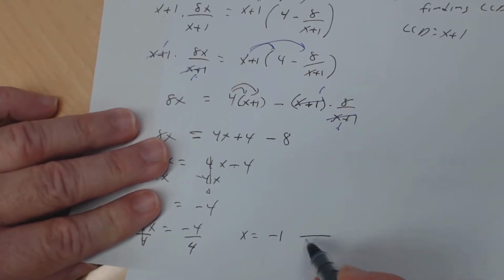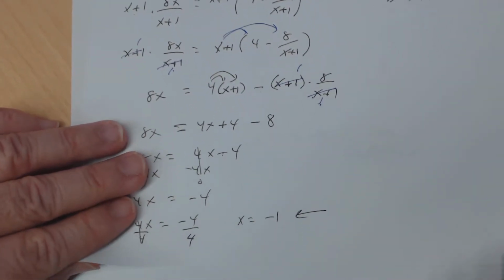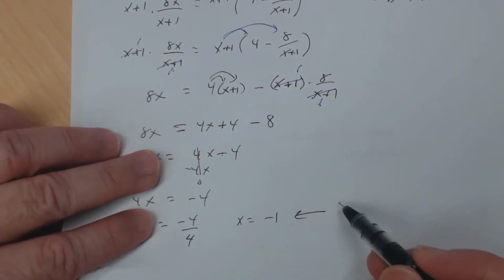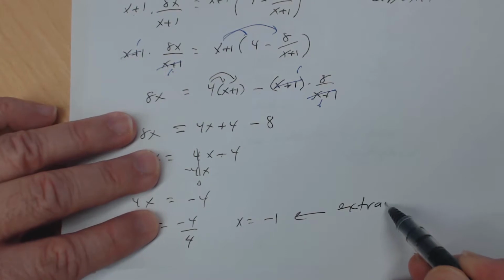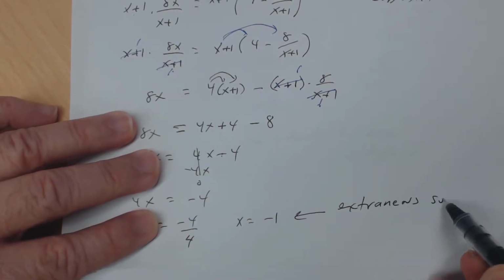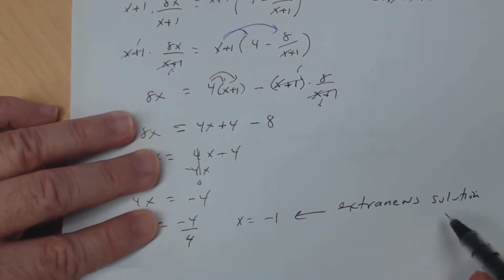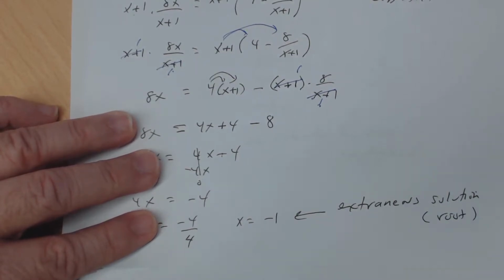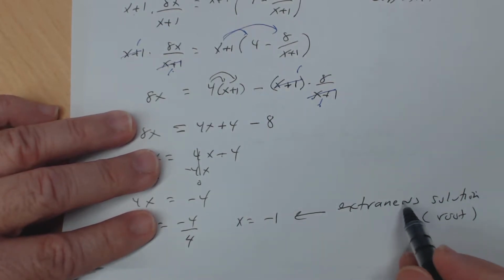That was the only solution I obtained. So this right here, let me just tell you, you learned this in a previous course, this is called an extraneous solution. Now remember, sometimes we call a solution a root, extraneous root, extraneous solution or extraneous root, E-X-T-R-A-N-E-O-U-S.